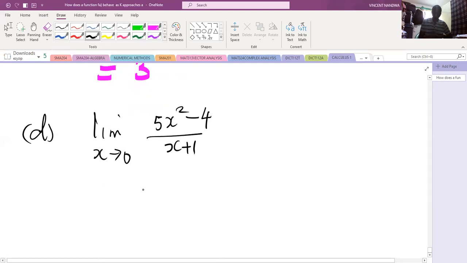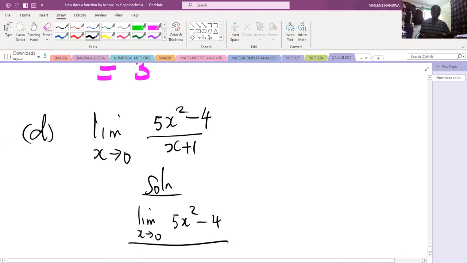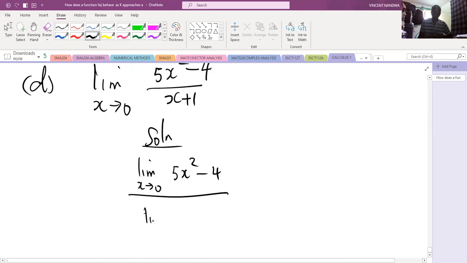So by direct substitution, you'll have, solution: limit as x approaches 0 of 5x squared minus 4 over limit as x approaches 0 of x plus 1.